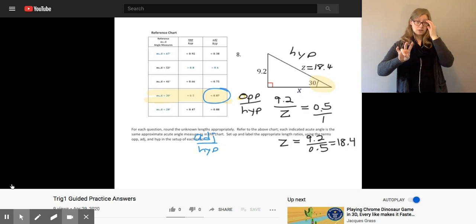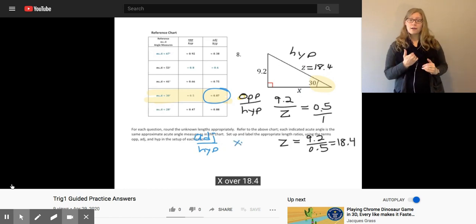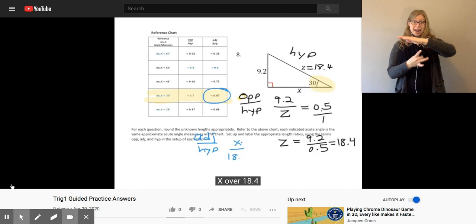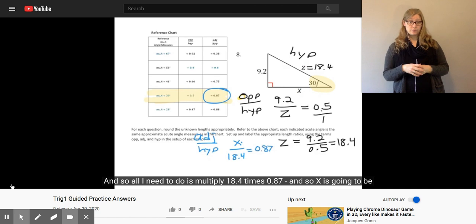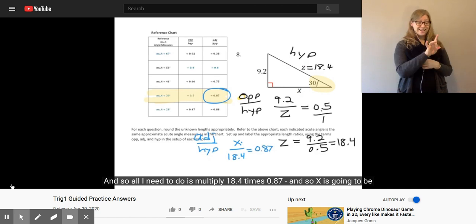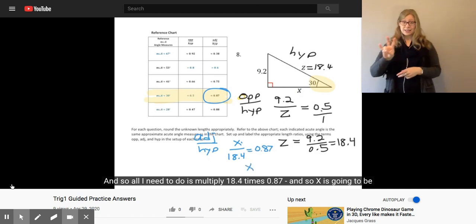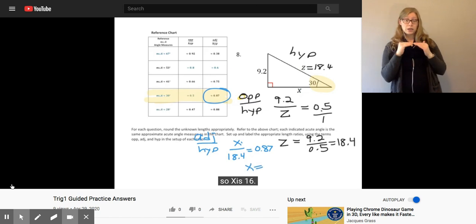So we have x over 18.4 equal to 0.87. And so all I need to do is multiply 18.4 times 0.87. And so x is 16.